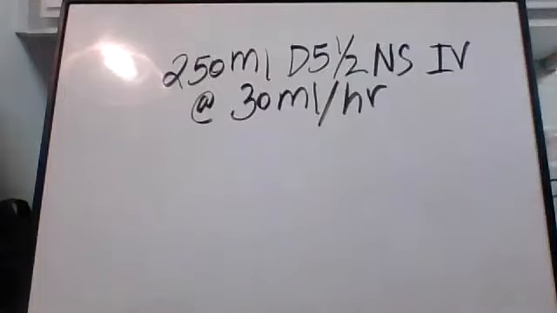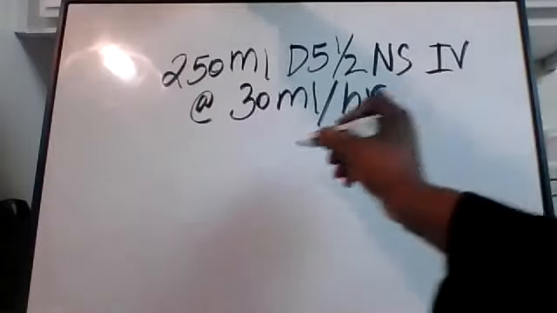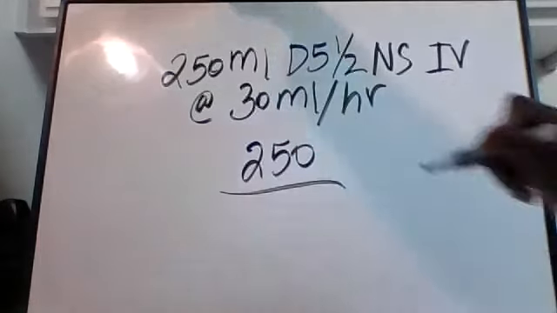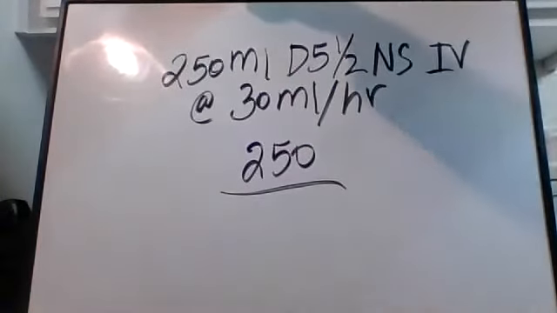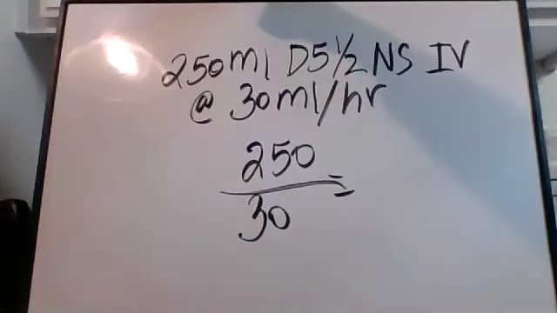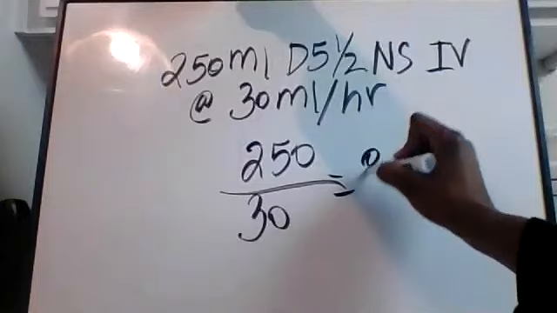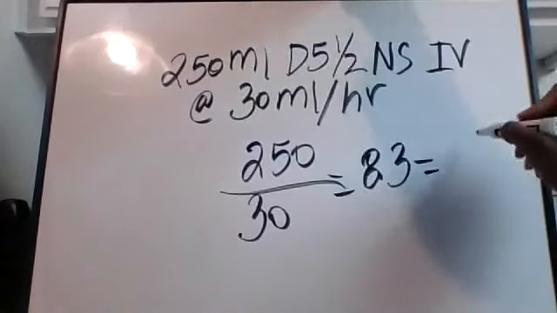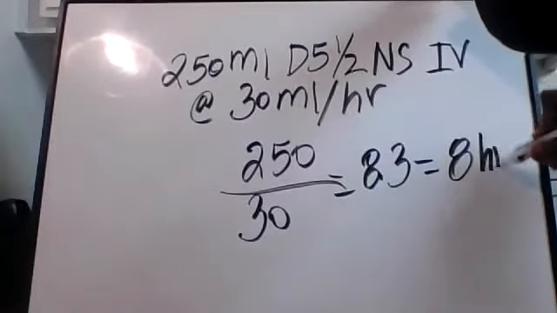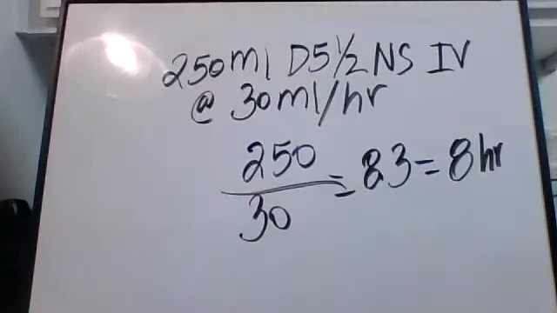Okay, there's no drop factor in here, so you know you're not dealing with that type of problem. You're only dealing with this one. So you would take the milliliters to be infused divided by the milliliters per hour, right? 250 divided by 30 gives us 8.3, and to the nearest whole number, 8 hours.